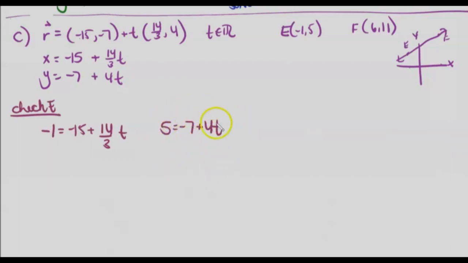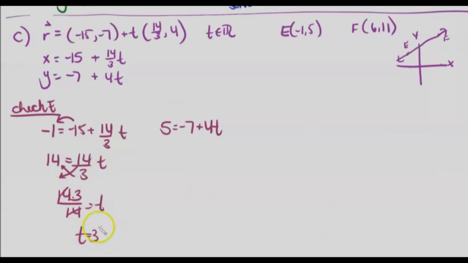Okay, and we've already seen this style of question. So negative 15 comes over. Negative 1 plus 15 is going to be 14, equals 14 over 3t. We can cross multiply this up, cross multiply this down. It's essentially going to be 14 times 3 over 14. So the 14s are going to cancel and t equals 3.